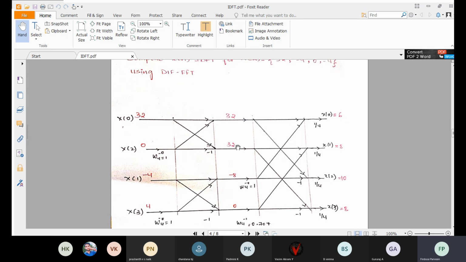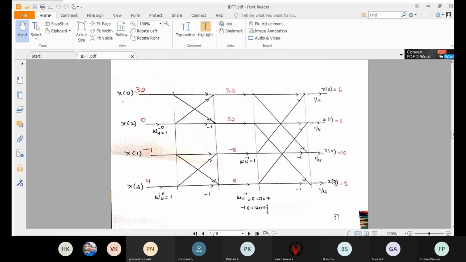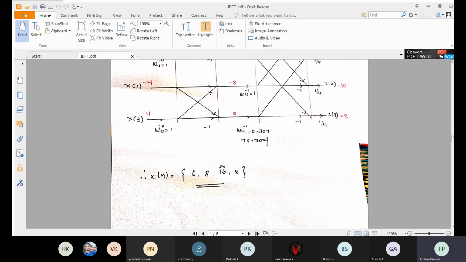Next, here 32, whereas here it is 0. So we'll be getting 32 itself. 32 divided by 4 is 8. From this line, 32, and from here it is 0. So 32 minus 0 is 32. 32 by 4 is 8. 6, 8, 10, 8 will be your answer.